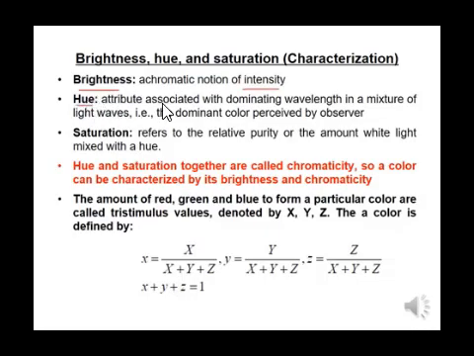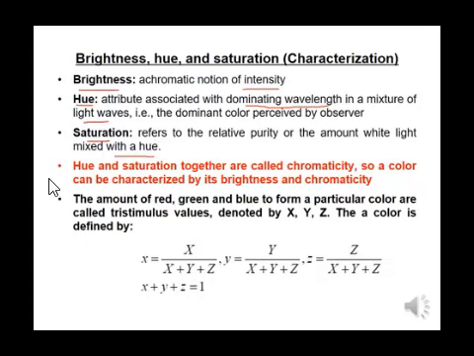Then hue is associated with the dominating wavelength in a mixture of light waves. Suppose it is a mixture of rainbow light, so hue will be the light with the highest wavelength in the rainbow colors. Then saturation refers to the relative purity or amount of white light mixed with hue. Means how much white content is there in the mixture of colors.